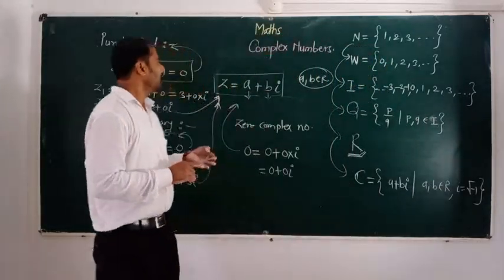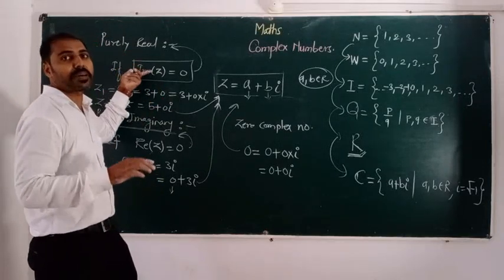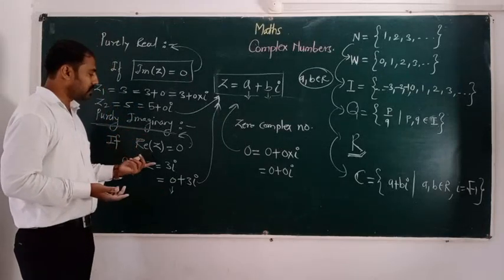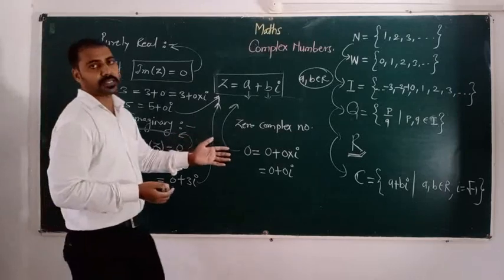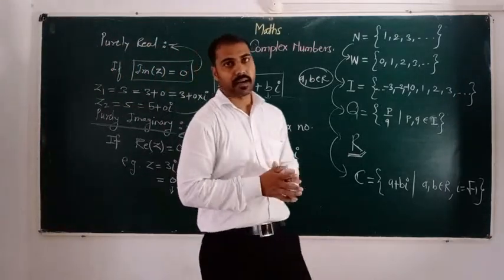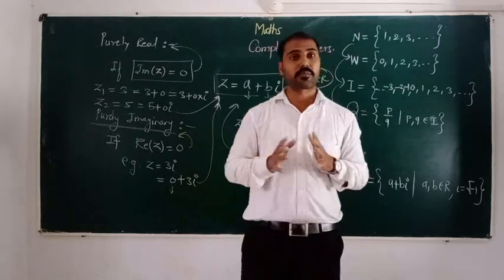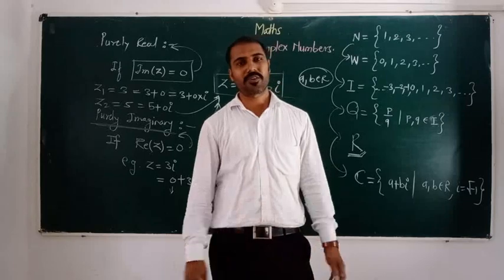After that, purely real numbers. Purely real number means the imaginary part is 0. Then purely imaginary, the real part of z is 0. Then the zero complex number. Okay. I hope, students, you understood today's introductory part of the chapter complex numbers. Thank you for watching the video.